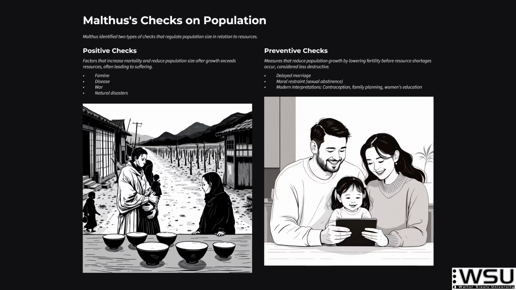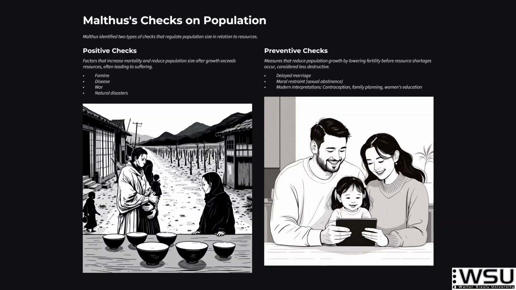So these levels of increased mortality that reduce population size will often lead to suffering. And he says these positive checks that will increase mortality and reduce population size are famine, disease, war, natural disasters.